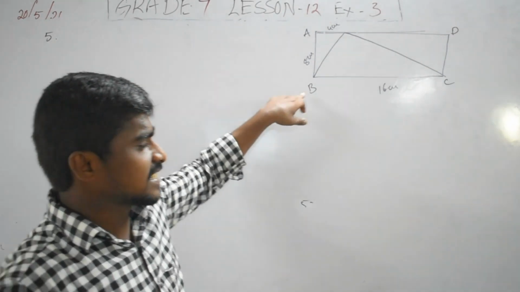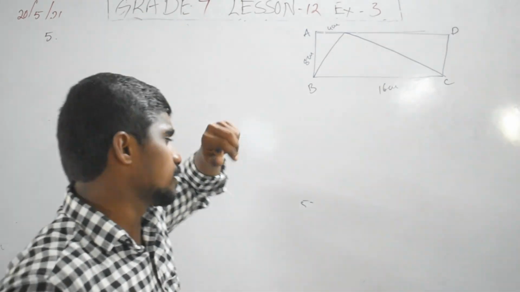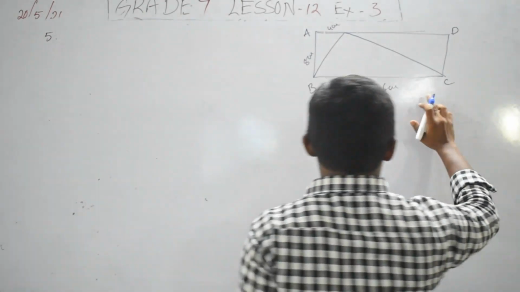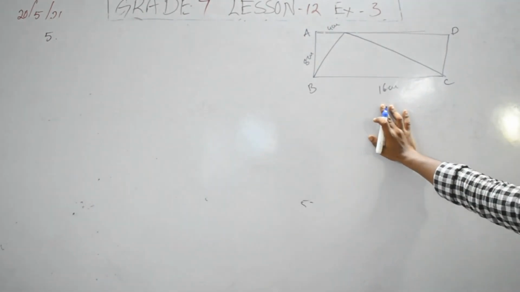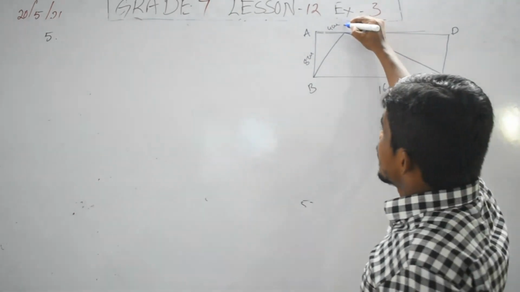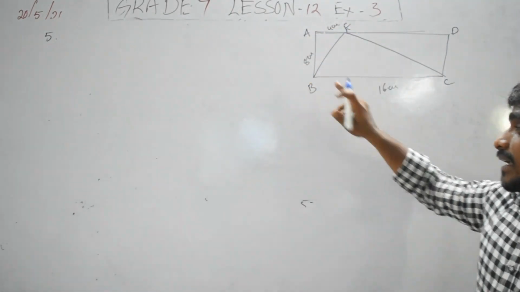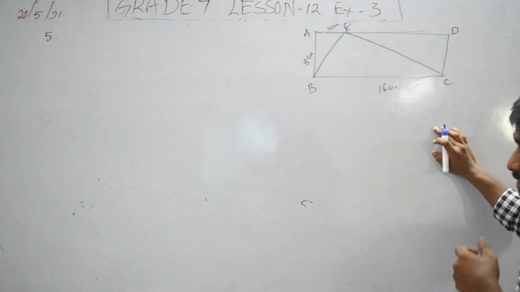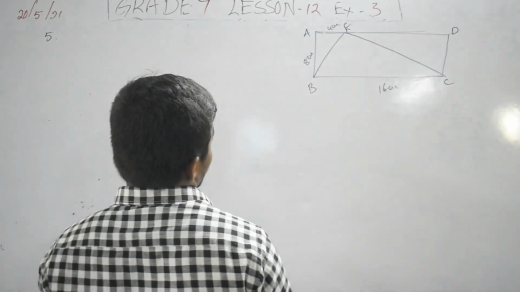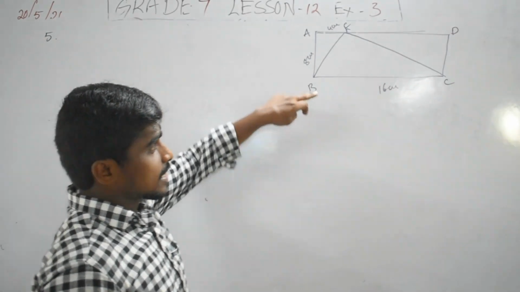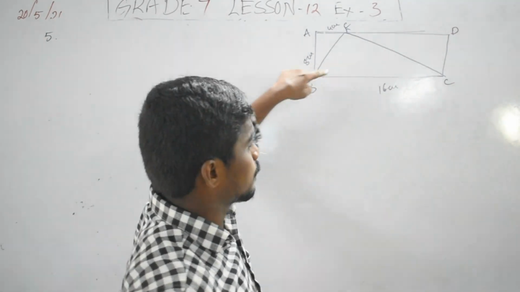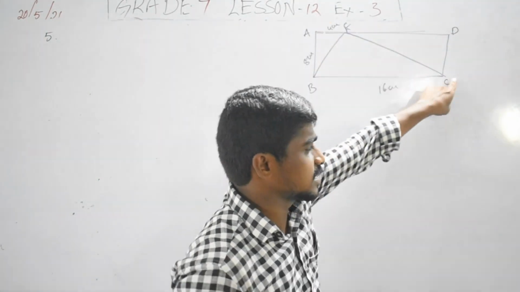So ABCD rectangle here given. BC length 16 centimeters. AE length 4 centimeters. AB length 8 centimeters. Now here see, what is the area of the PEC?